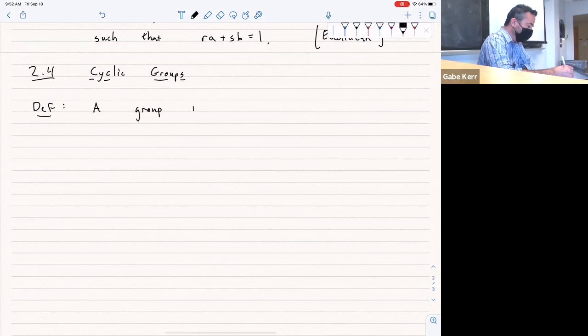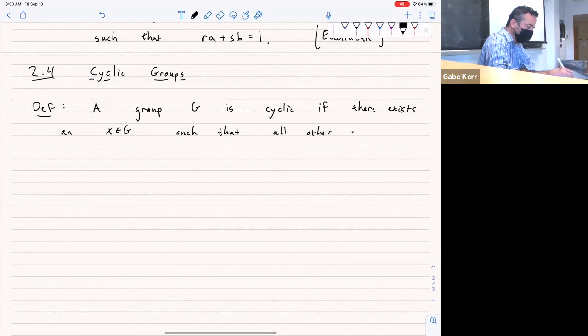A group G, I'll write it multiplicatively, is cyclic if there exists an element X in G such that all other elements Y in G are of the form Y equals X to the N for some integer N.